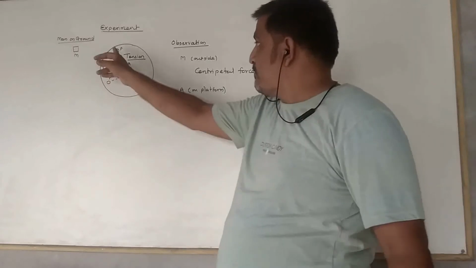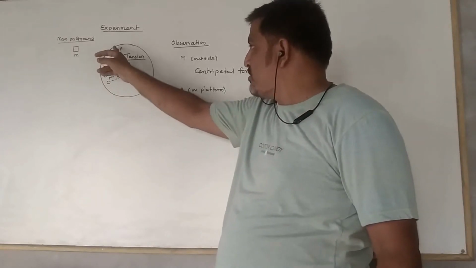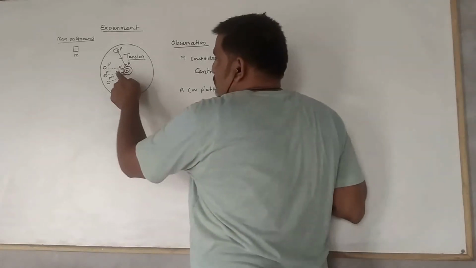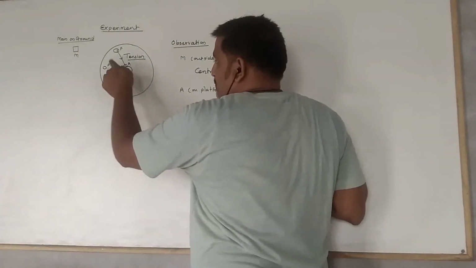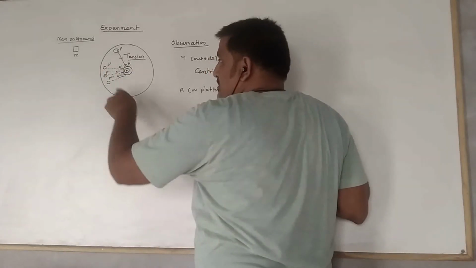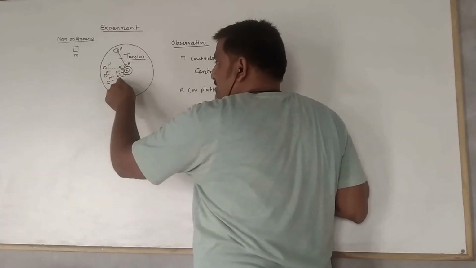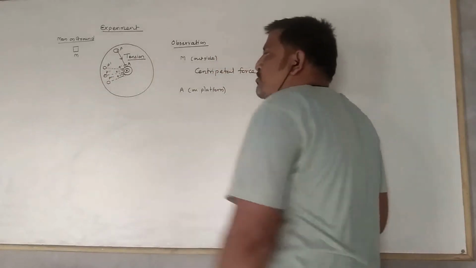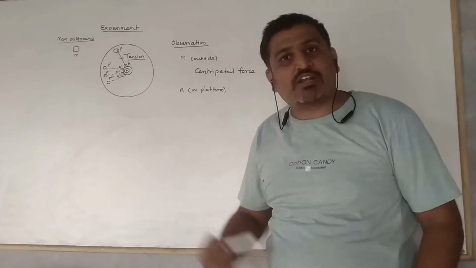In the same way, the position of the ball, which is initially at P, changes to P dash. When the person's position changes from A dash to A double dash, the ball's position also changes from P dash to P double dash. When the person's position changes from A double dash to A triple dash, at the same time the ball's position changes from P double dash to P triple dash.